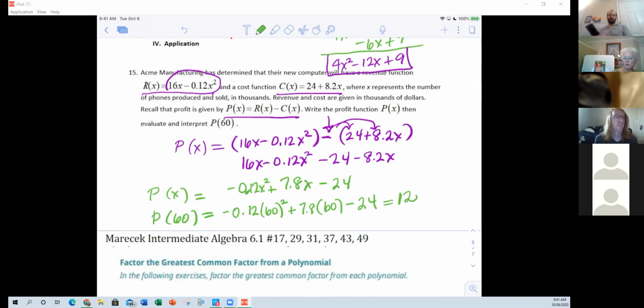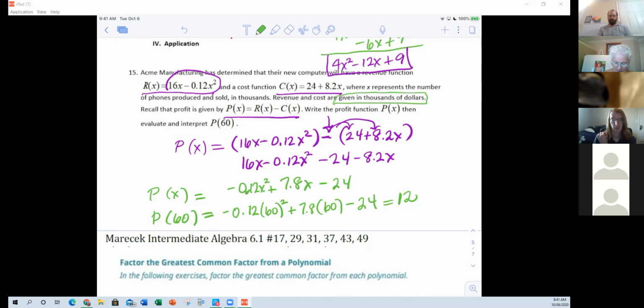That's what I got. Okay, so, but is it really 12? And 12 what? Dollars? Okay. Thousands of dollars? $12,000? Go back and read the problem. Revenue and costs are given in thousands of dollars.